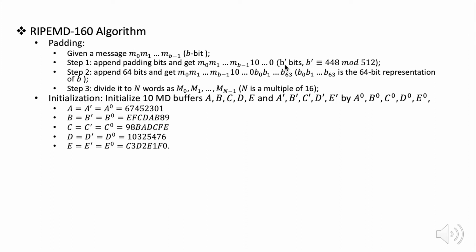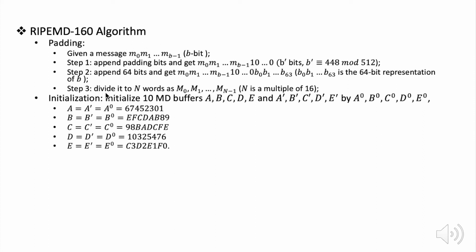B prime is equal to 448 modulo 512. And then we will add another 64 bits, B0, B1 until B63. This is the 64-bit representation of B, where B is the length of the original message.